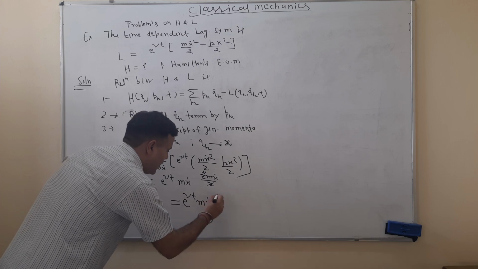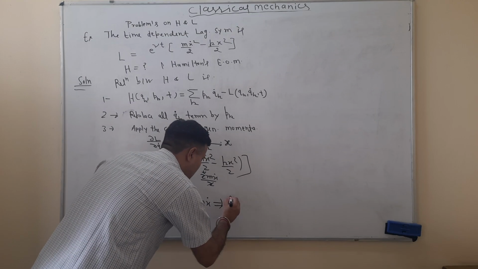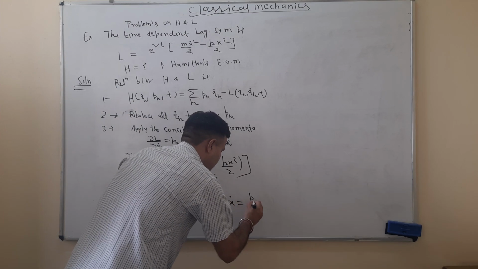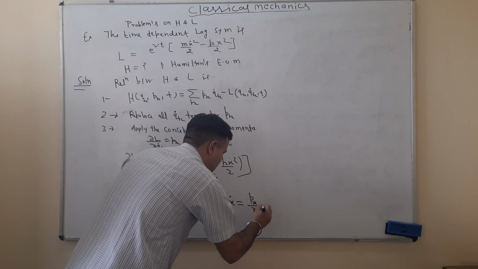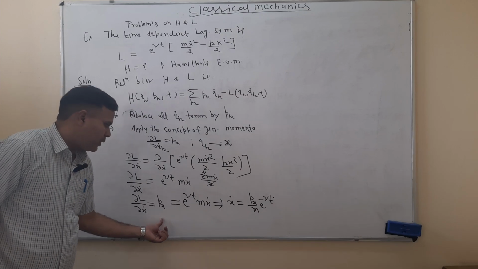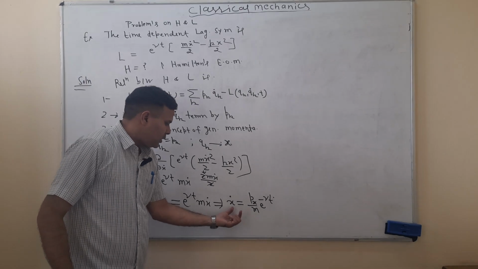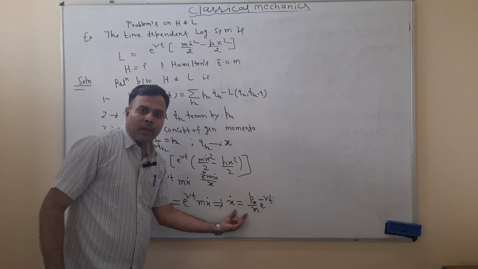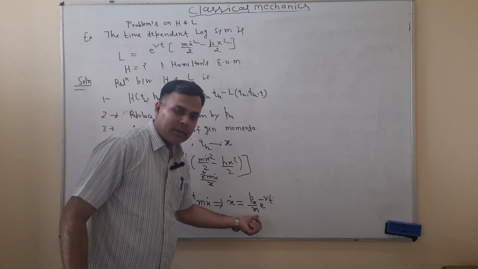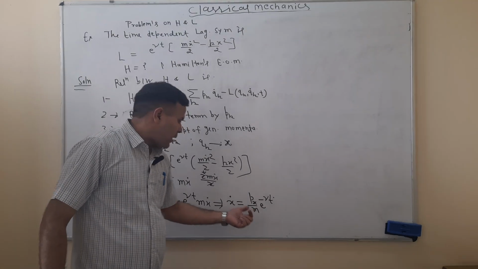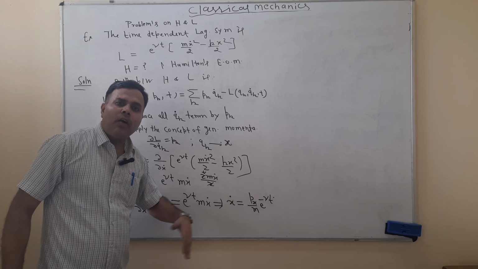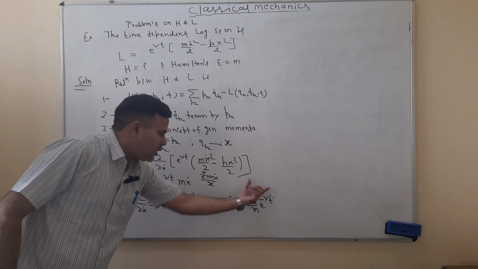This implies that x dot is simply px by m times e to the power minus nu t. So now we have the expression of x dot in terms of px. With the help of this generalized momenta concept, we can replace all x dot by this term.